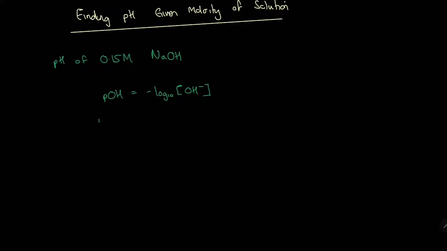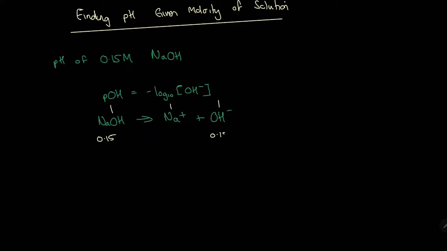Now let's take a look at how sodium hydroxide dissociates to a single sodium ion and a single hydroxide ion. If we find the concentration of sodium hydroxide to be 0.15 moles per litre, you can see it's a 1:1:1 ratio.